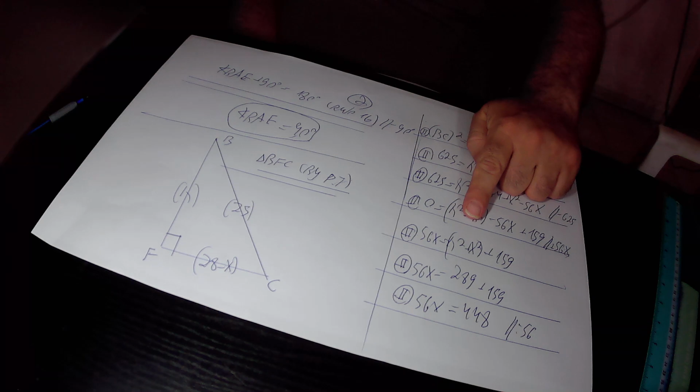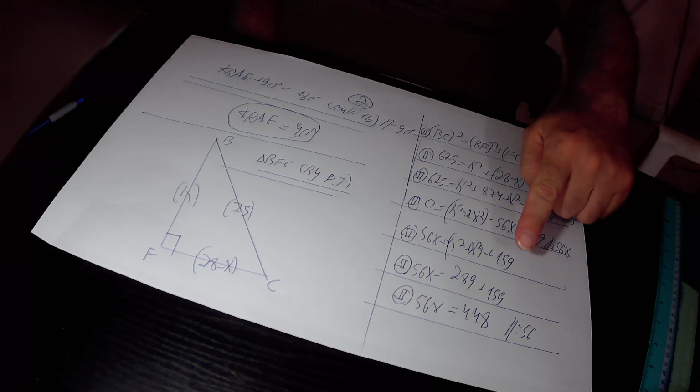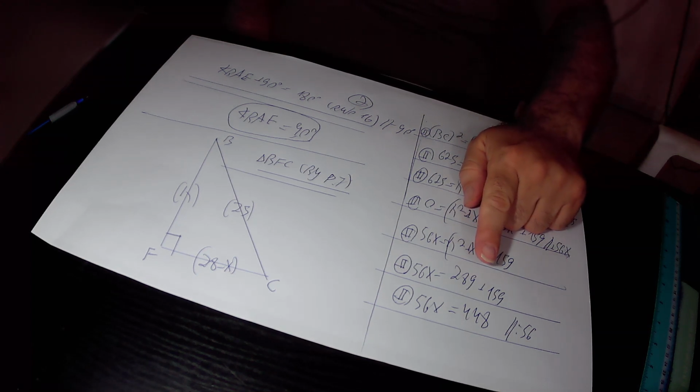So we substitute H squared plus X squared in this equation by 289, and we found that 56X equals 289 plus 159. 289 plus 159 is 448. So in total, 56X equals 448.